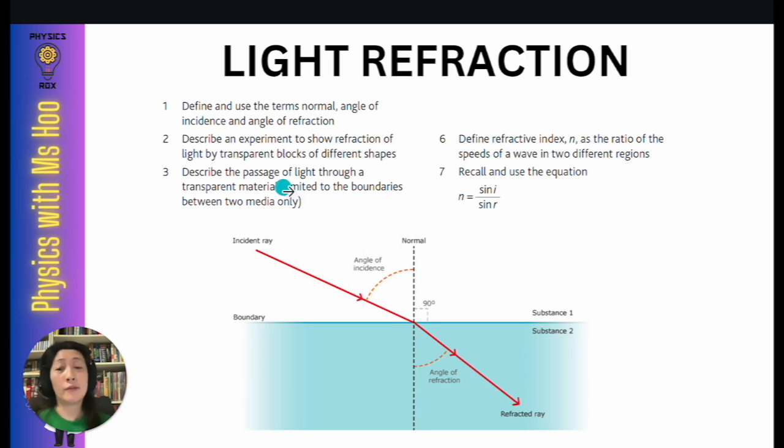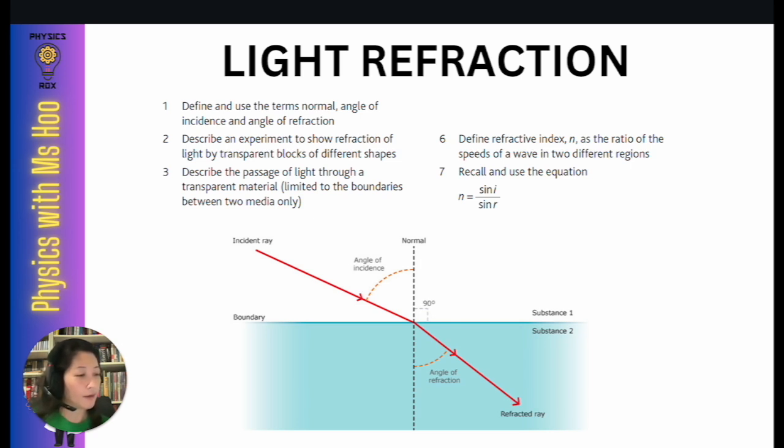You also need to be able to describe the passage of light through transparent material, and in IGCSE, it's limited to the boundaries between 2 media only. So for example, air to water or air to glass, you don't have to study 3 or more different media. You also need to be able to define the refractive index as the ratio of the speeds between two different regions. So I'm going to highlight that.